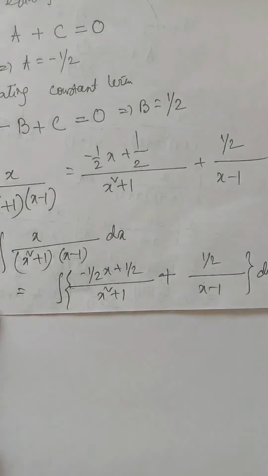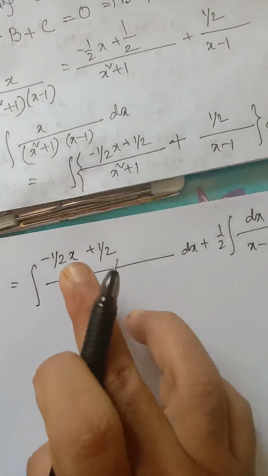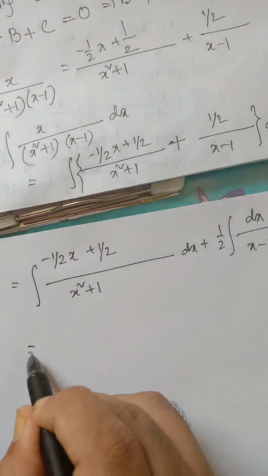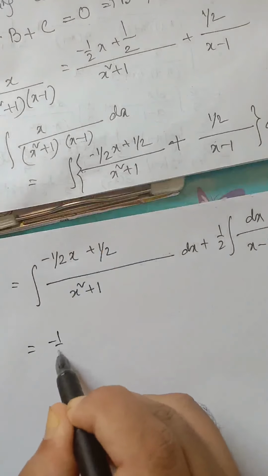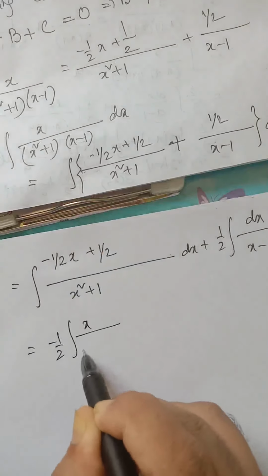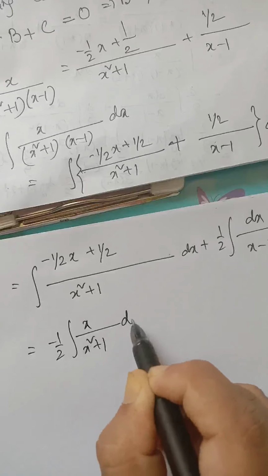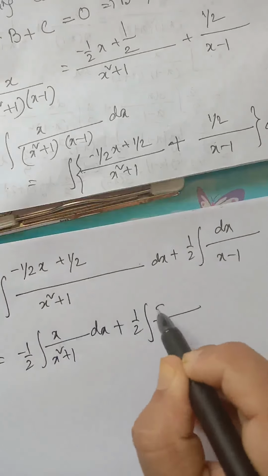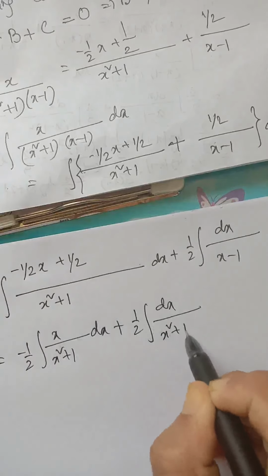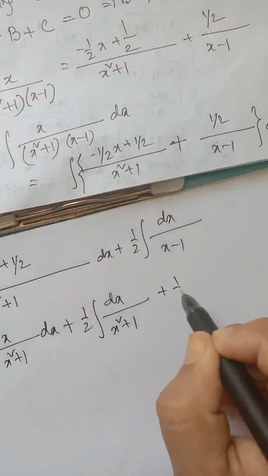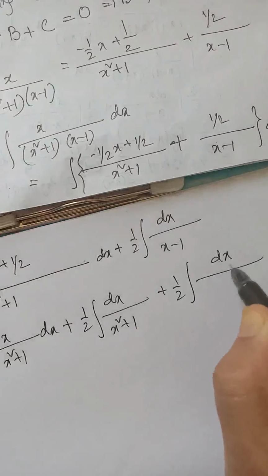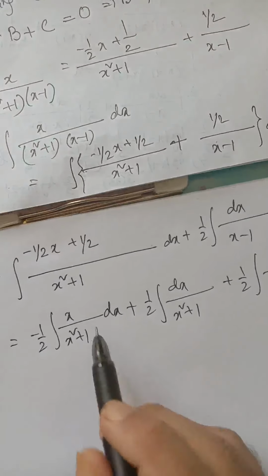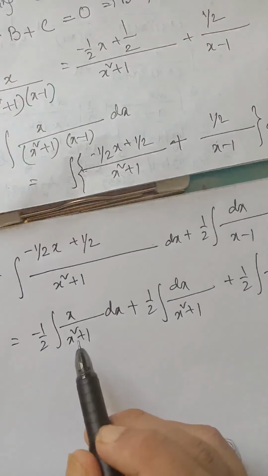Now we will integrate. First of all, we will separate these two integrals. We will write minus half x by x square plus 1 dx plus half by x square plus 1 plus half dx by x minus 1. Now we have to integrate this one.